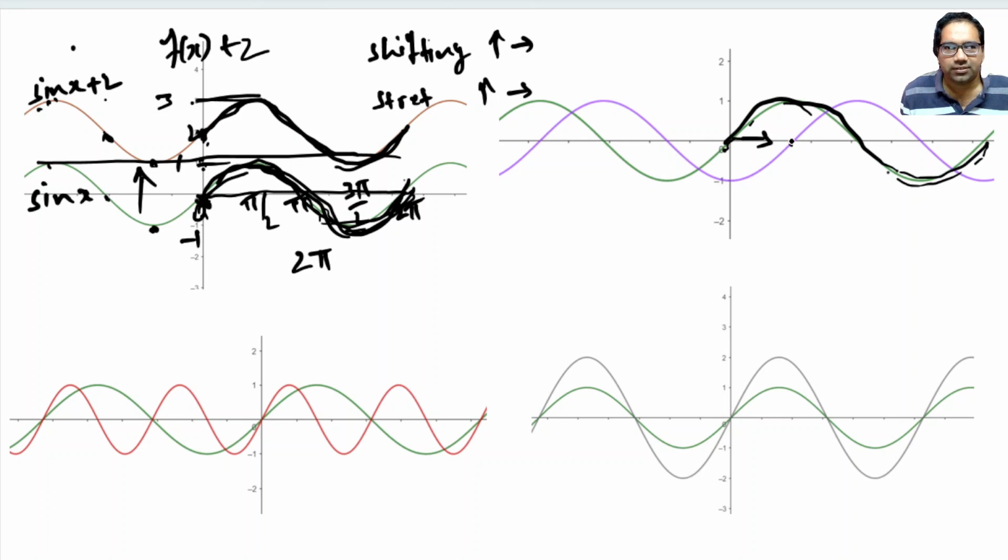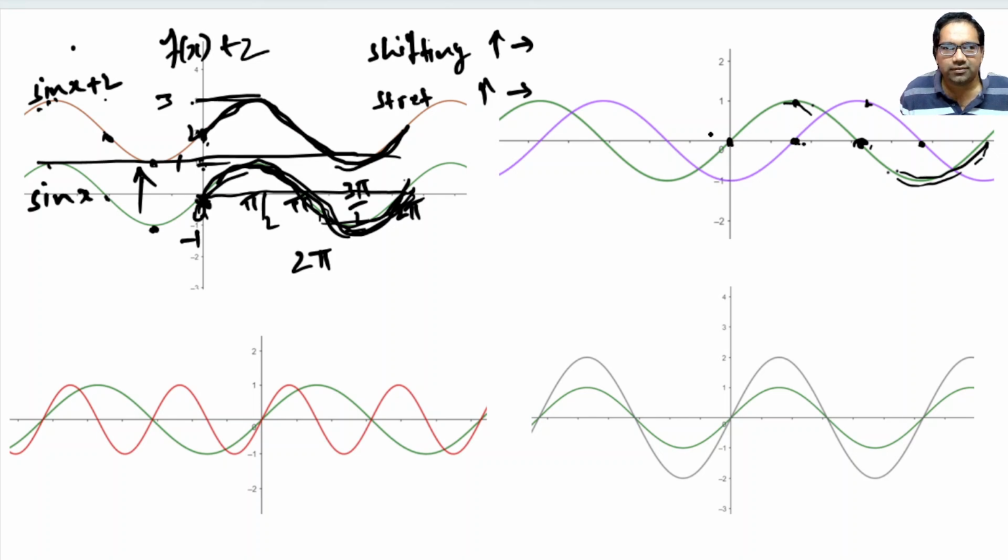This point is shifted to here, this point is shifted here, likewise. This entire graph is shifted.